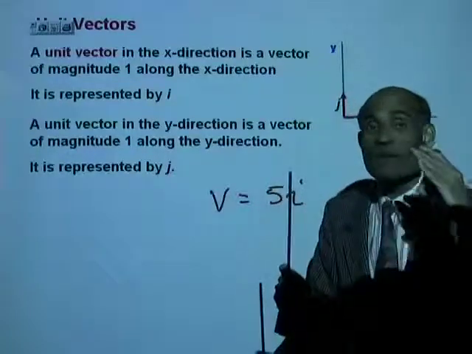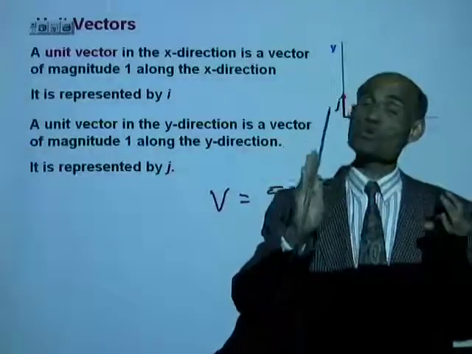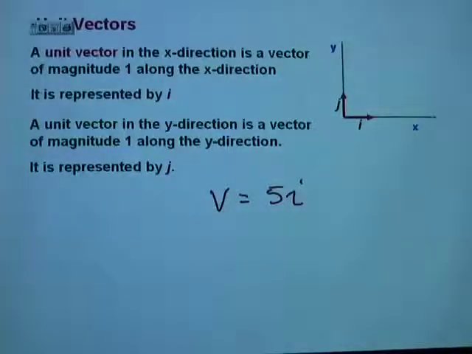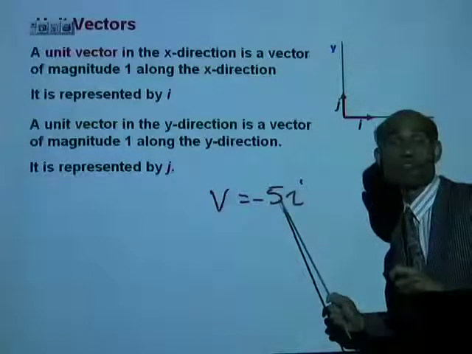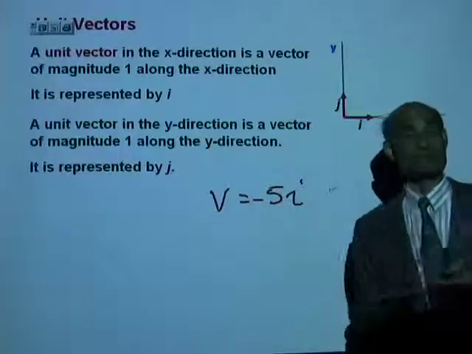If you multiply that by 5, you have a vector of magnitude 5 in the x direction. Alright, what does v equal to negative 5i represent? This is a vector of magnitude 5 in the negative x direction.